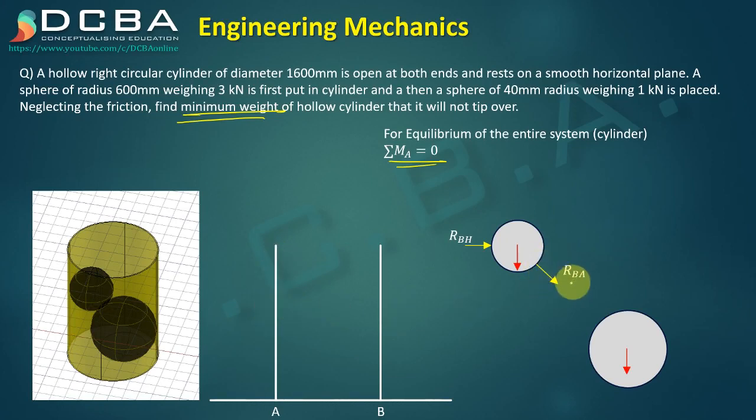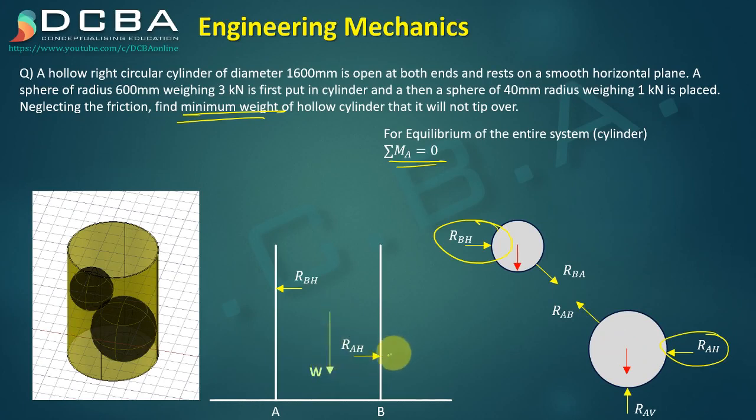This reaction RBA, then we have this reaction RAB, reaction RAH and RAV given by the bottom surface. Same, now this reaction will get converted into a force here, which is basically pushing your cylinder. This reaction again gets converted into a force, and then we have the weight of the cylinder itself.